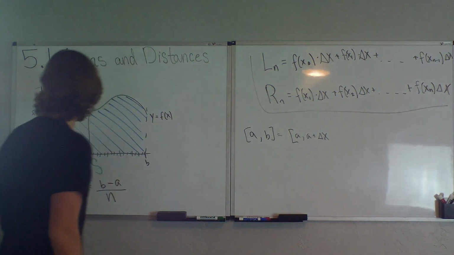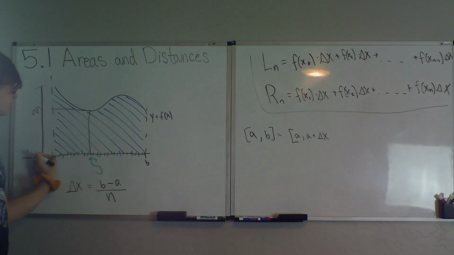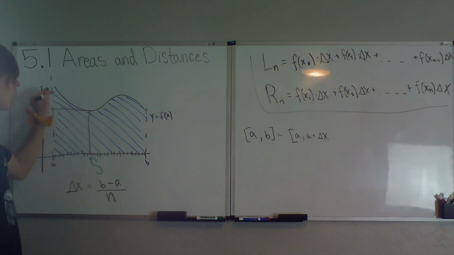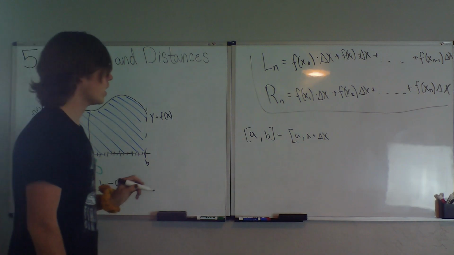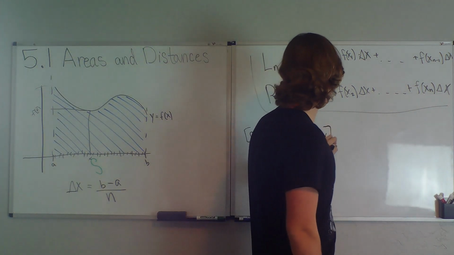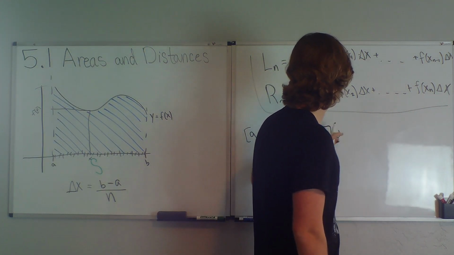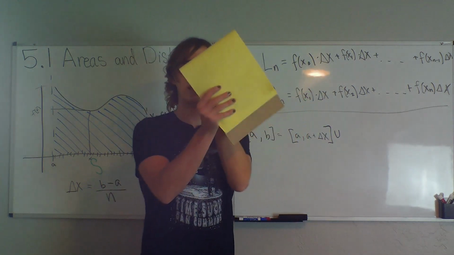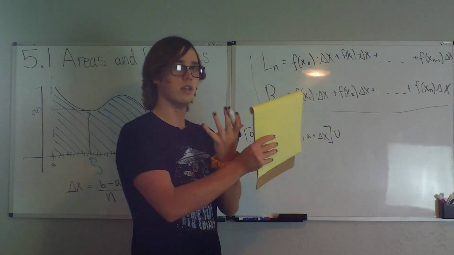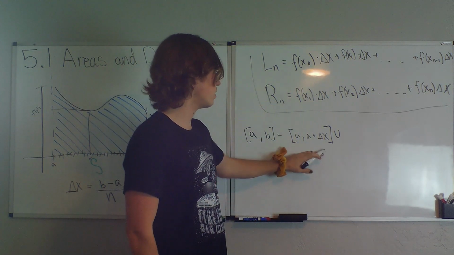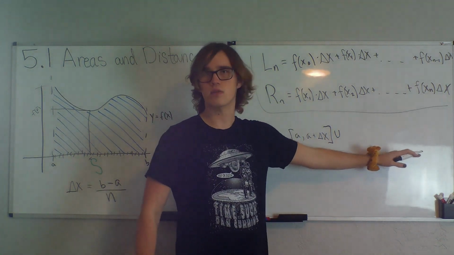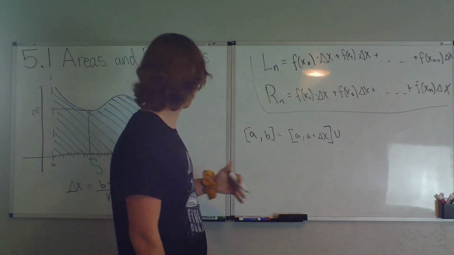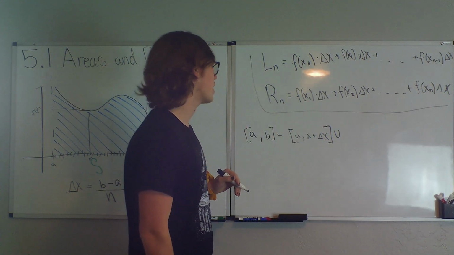Because we're moving over delta x to our next rectangle, our next line that we're drawing up. Then the union symbol combines the intervals into multiple, so it's this interval and the next one, and we'll have n intervals because we have n rectangles.